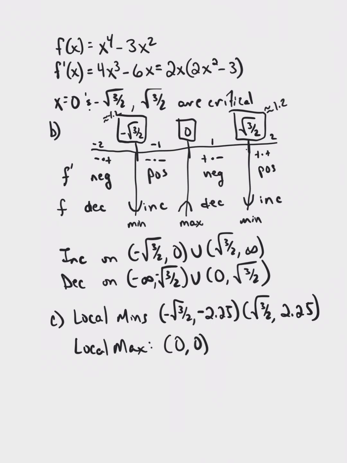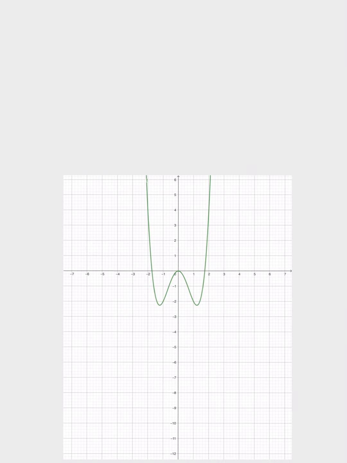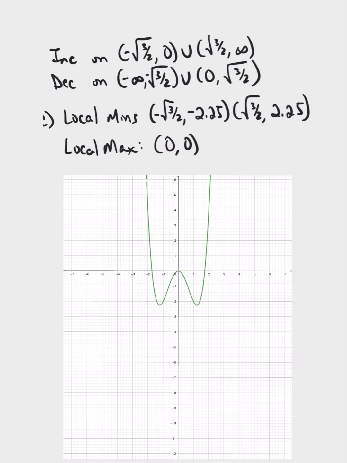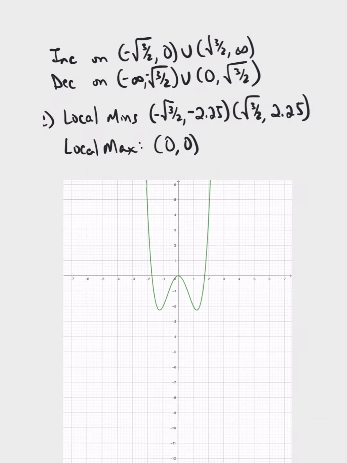Now we just want to check it. All right, so here's a picture of the graph, and let's see if things match up. So negative square root of 3 over 2, that would have been about right here. Oops, sorry. That would have been about right here. And here's 0, and here's positive square root of 3 over 2. Okay, so notice that I have horizontal tangents at all those places. So that looks good. And then let's see.